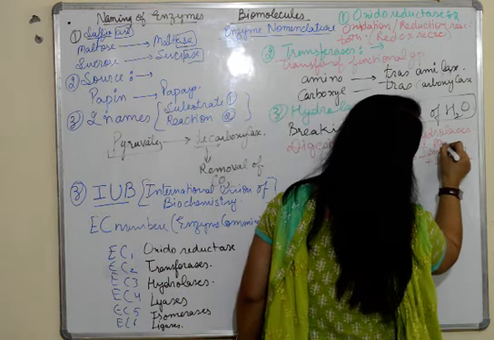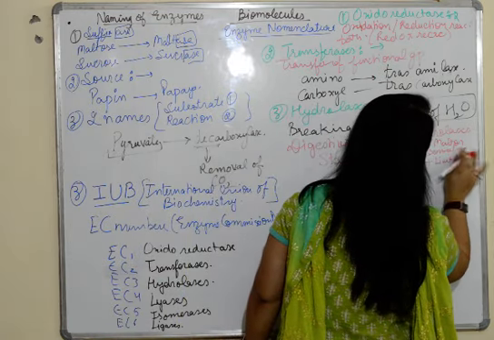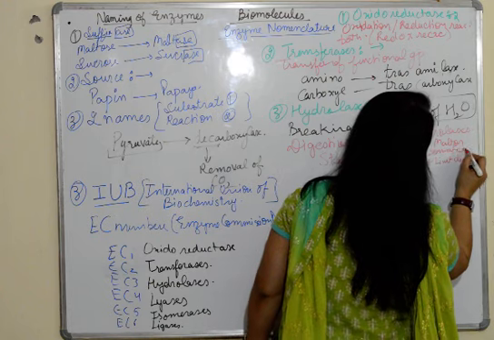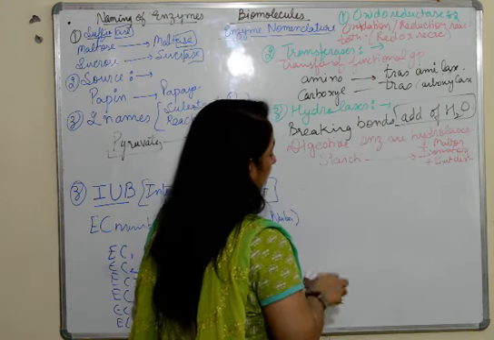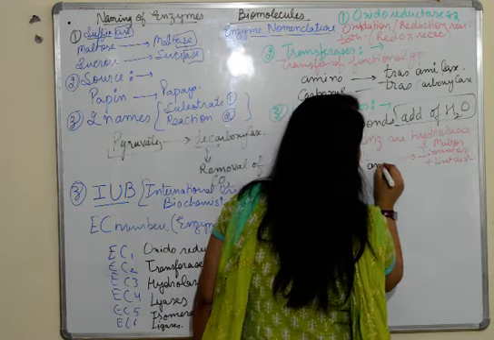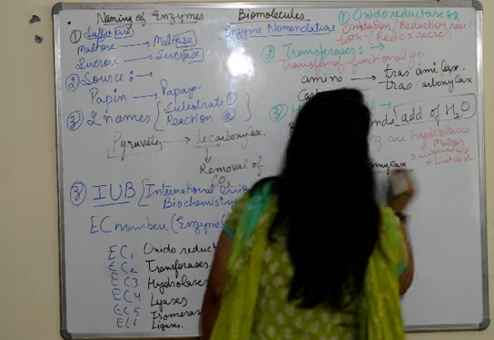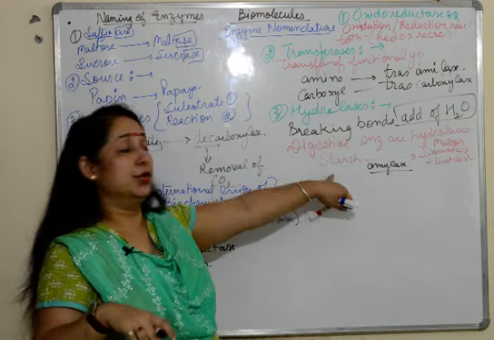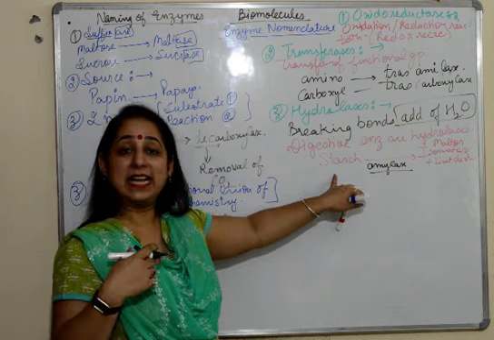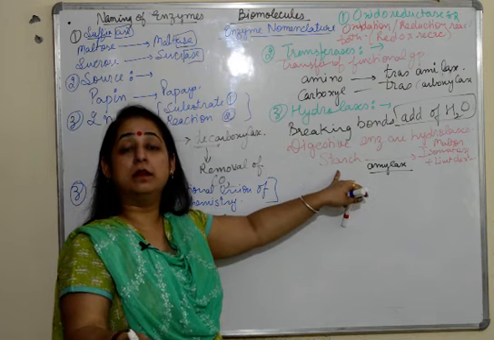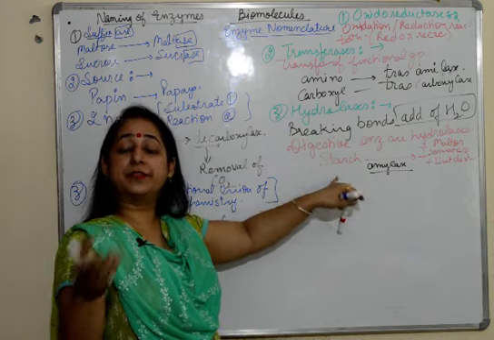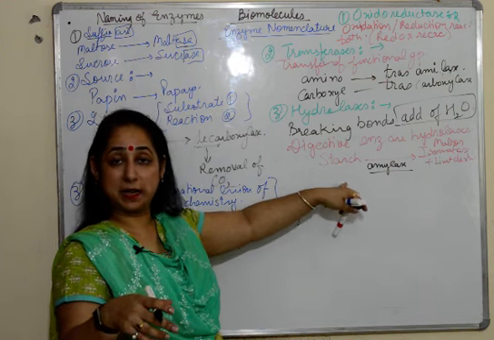The enzyme here is amylase. Amylase acts on starch while in the mouth, as salivary amylase, and in the intestine as pancreatic amylase.